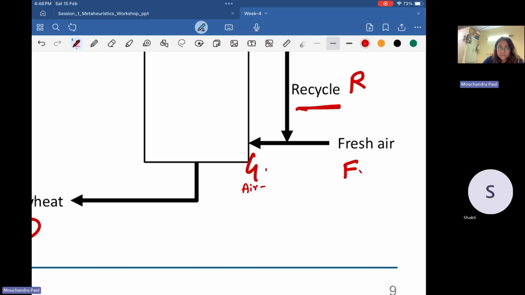So the mass fractions are 0.958 for air and 0.042 for water.